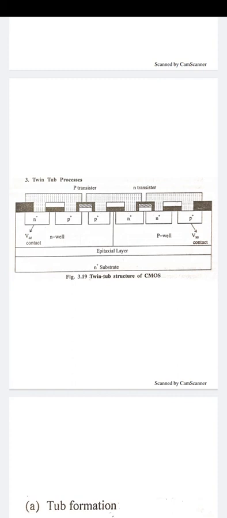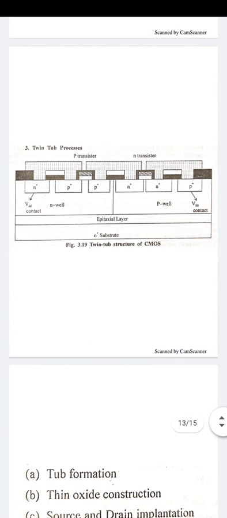The process sequence is similar to the N-well process, apart from the twin tub formation, where both P-well and N-well utilize the following steps. First, the tub formation, then thin oxide construction, then source and drain implantations by the ion implantation process, then contact cuts for making windows, and finally the interconnecting layer using metallization, from which we take out the electrical connections.